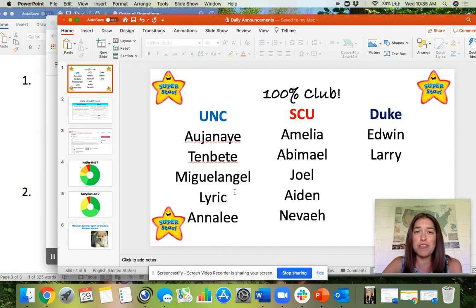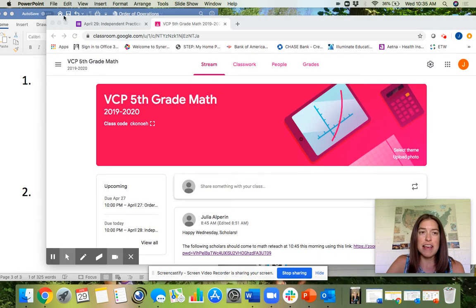Those are not the scores you want to count as your grades. You do not want to end fifth grade not knowing this material, right? So if you're not doing so well, please take the initiative to come to office hours. I'm happy to reopen your assignment so you can try it again, which is how a lot of these scholars ended up with 100%.